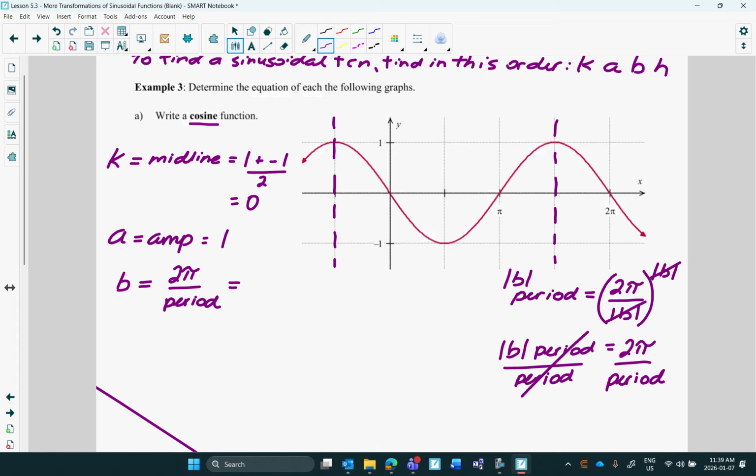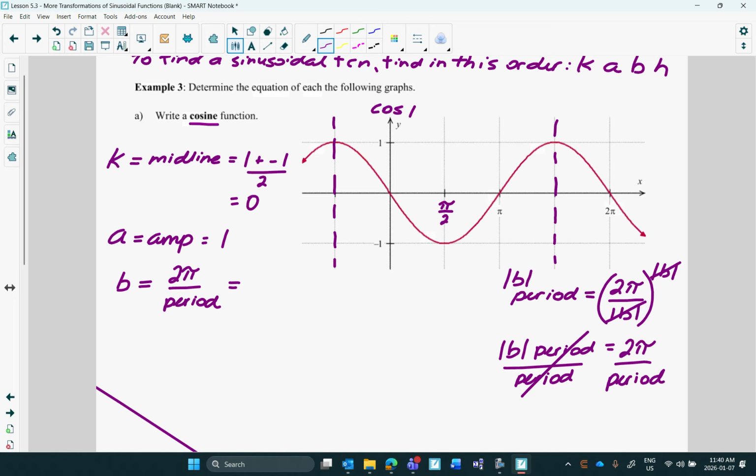And how many notches does it take to complete a cycle? 1, 2, 3, 4. Well, how much is one notch? Well, if 2 notches is pi, doesn't 1 notch mean it's pi over 2? So that means it's 1 pi over 2, 2 pi over 2, 3 pi over 2, 4 pi over 2, which is the same as 2 pi.